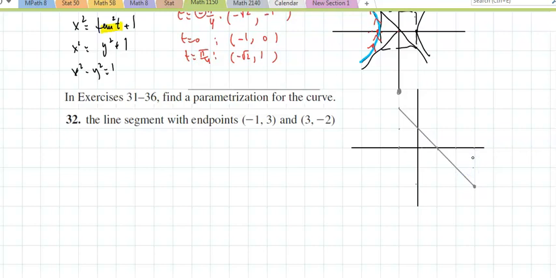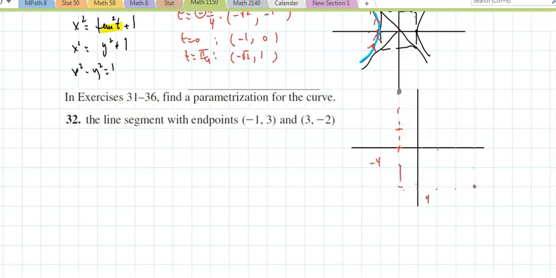Okay, so I noticed that the slope of the line I could figure out either by using the formula or counting down, right? 1, 2, 3, 4 down, and running 1, 2, 3, 4 to the right. So the slope of the line, actually I messed up on the graph.